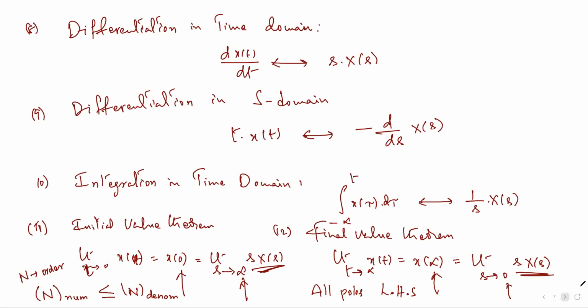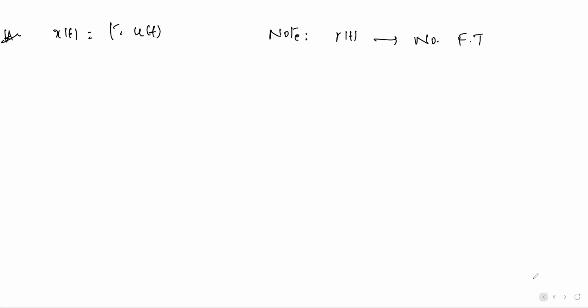Then t into x of t property given here. Differentiation term. T into x of t, we have minus d by ds of x of s. Right? Here x of t is u of t. So u of t, Laplace transform 1 by s.